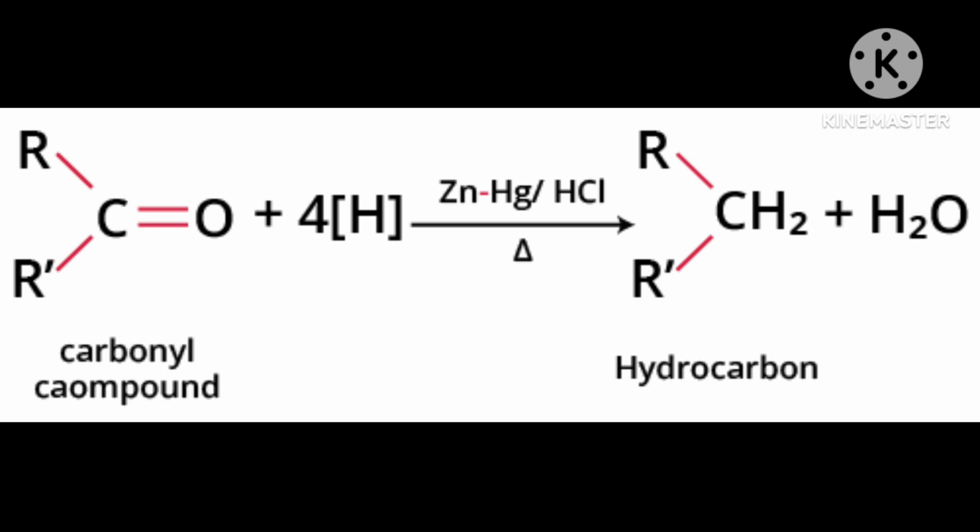Reduction to alcohol I have already discussed. It is easy. Many times I have discussed reduction of aldehyde and ketone to alcohol, because both have the carbonyl group common, and some reactions are different, but many reactions are common.